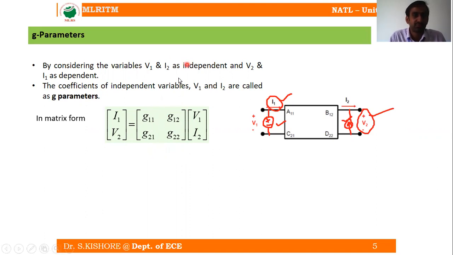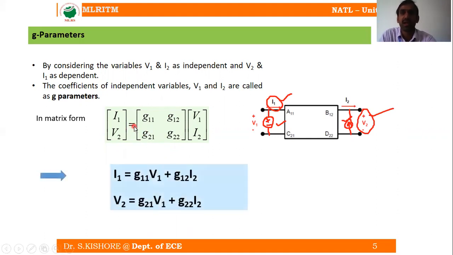Right? So from this, if you want to get the governing equations for the G parameters, that is nothing but the conductance parameters, you can obtain I1 is equal to G11 into V1 plus G12 into I2, and V2 is equal to G21 into V1 plus G22 into I2.